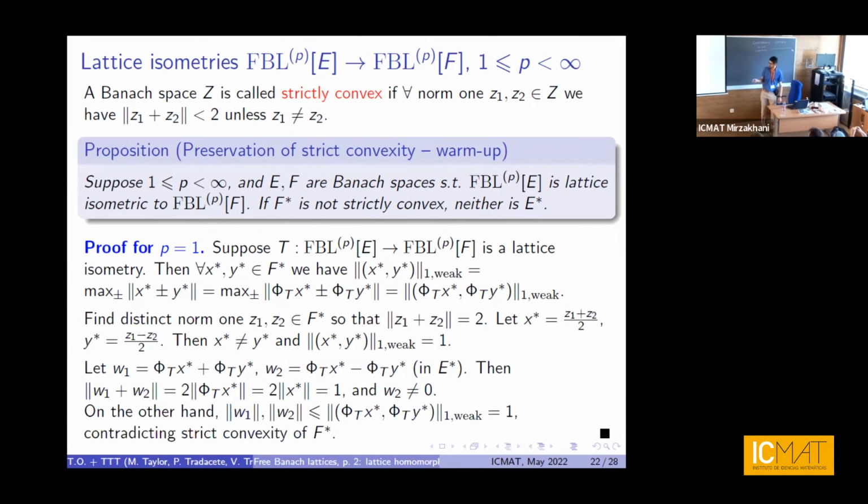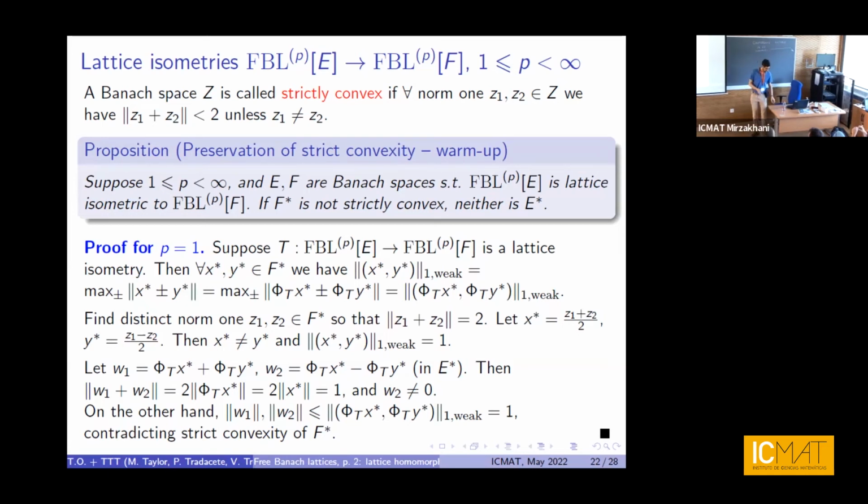But on the other hand, the norms of omega 1 and omega 2 do not exceed the 1-weak norm of this pair, and the 1-weak norm of this pair is 1.